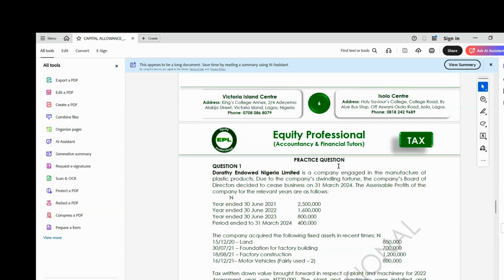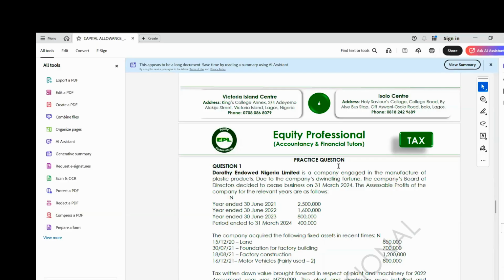Then the company acquired the following fixed assets in recent time: land, foundation for factory building, factory construction, motor vehicle, fairly used. Then the tax written down value brought forward in respect of plant and machinery for 2022 assessment year was 720,000.